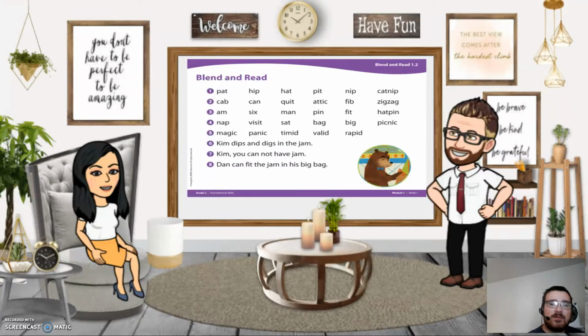All right, so now that we've done that, I want you to take a look at line number 2. All right, now that we've looked at line number 2, can you tell me what are the similarities and differences in these sounds?